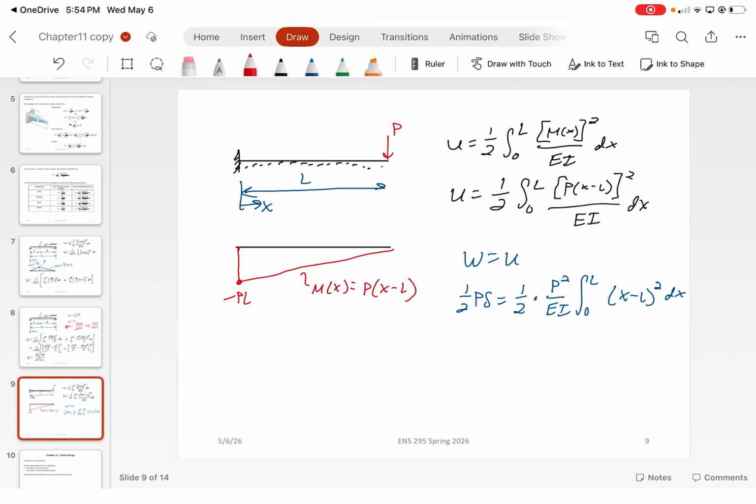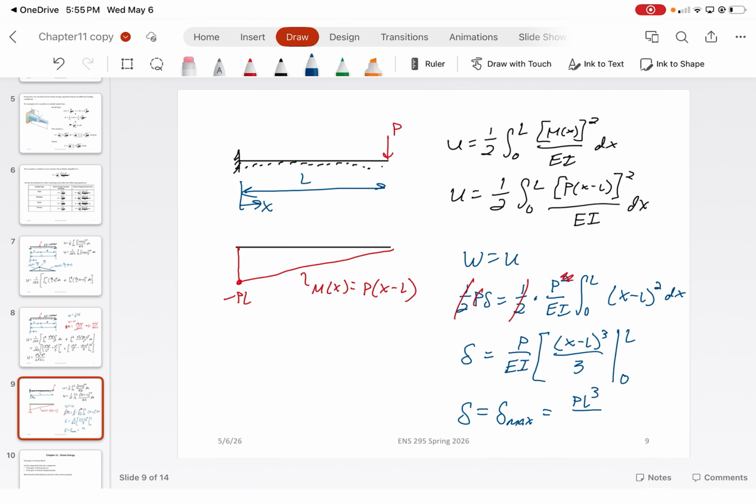We can see the halves cancel, and one of the P's cancels. So we calculate delta is equal to P divided by EI times (x minus L) cubed divided by 3 from 0 to L, which gives us delta max, because that's where the load is applied, the point where the maximum deflection will occur.